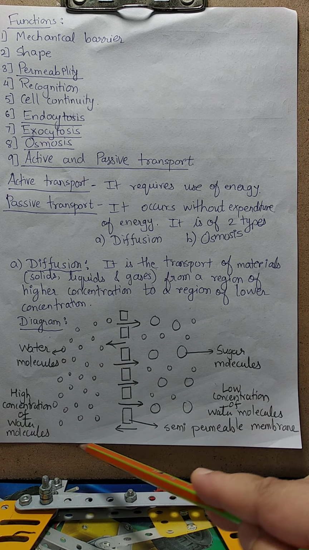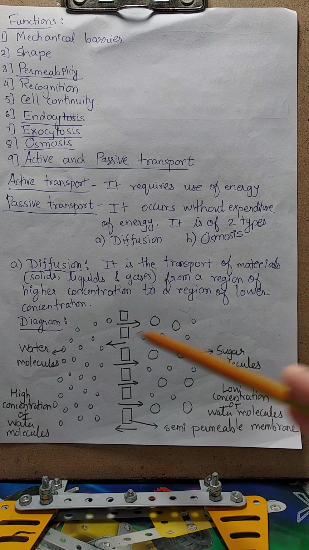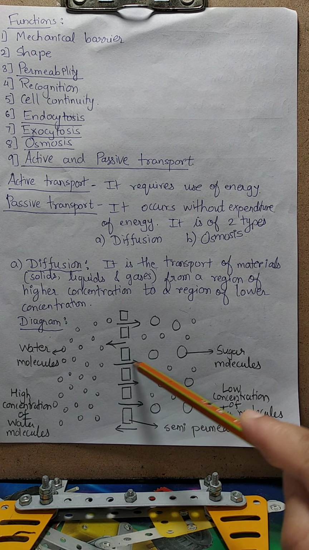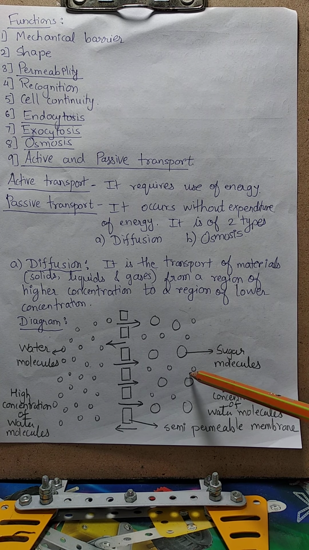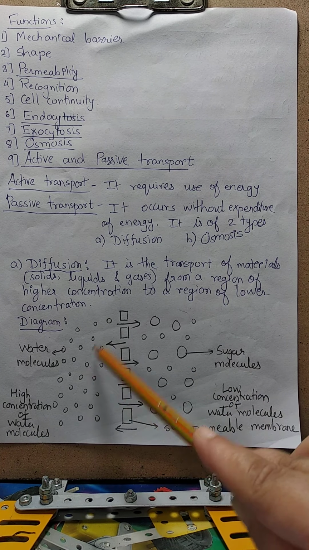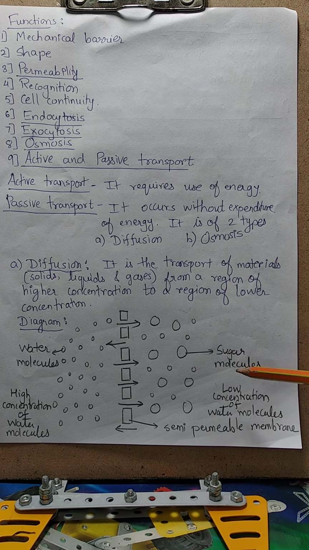As concentration is more over here and less over here, to attain equilibrium, to make both the sides equal, what will happen? Water molecules will start moving from this region to this region. This process of movement of molecules from higher concentration to lower concentration is called diffusion.